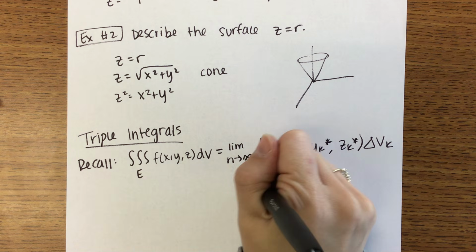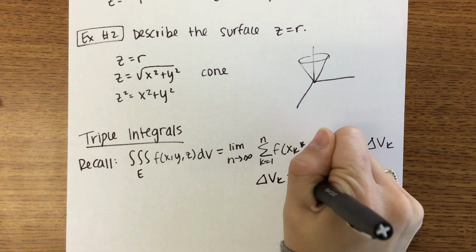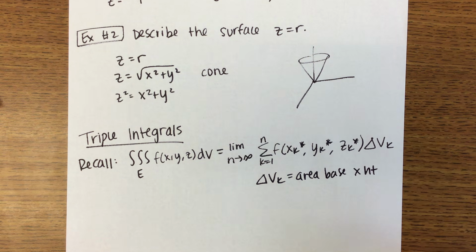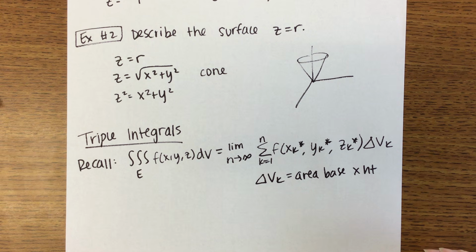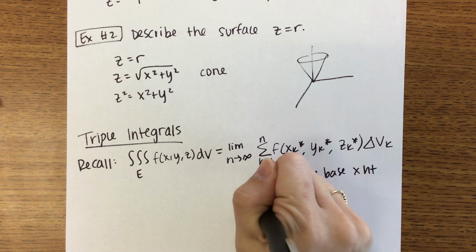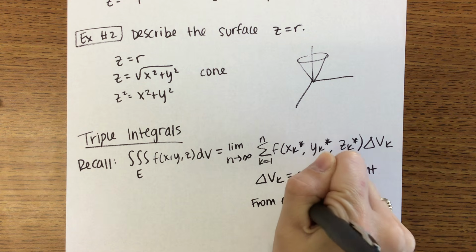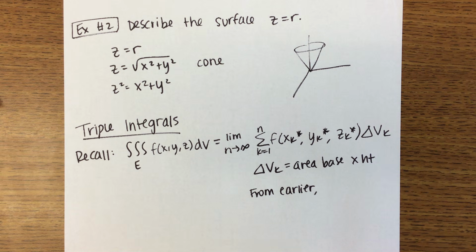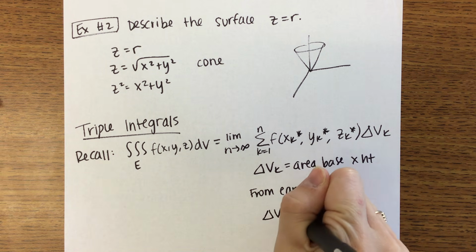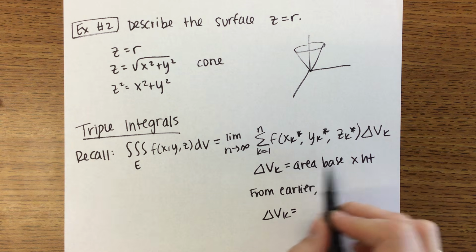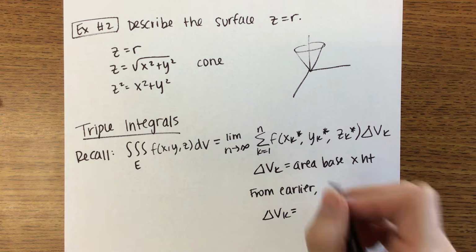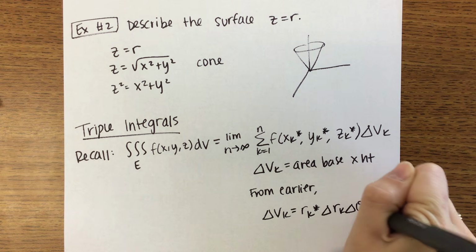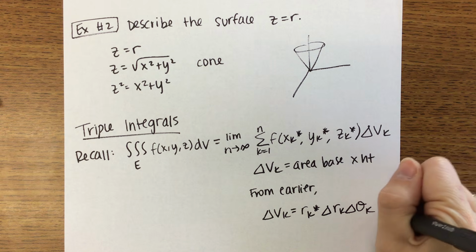Okay, and then we said that that delta V sub k is going to be the area of the base times the height of each parallelepiped. From earlier, delta V sub k, area of the base, so when we did this two-dimensionally, the area of the base was r of k star, delta r of k, delta theta of k. The height is delta z of k.